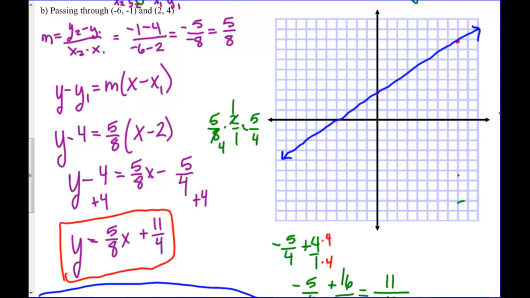Let's see if I'm remotely close. So -6, 1, 2, 3, 4, 5, 6, oh, that's pretty close. So there's one of our points, -6, -1. Our other point, 2, 4. So 1, 2, 1, 2, 3. Oh, that one was dead on. Nice. That wasn't too bad. Anyway, if I had graphed it really well, then it would have been perfect. But I only graphed it.